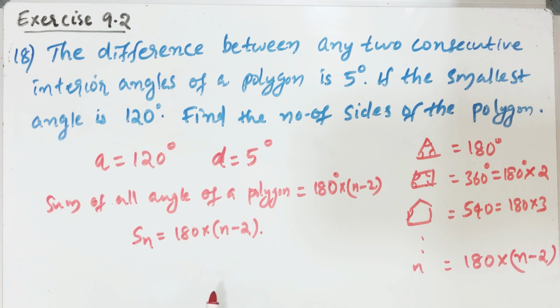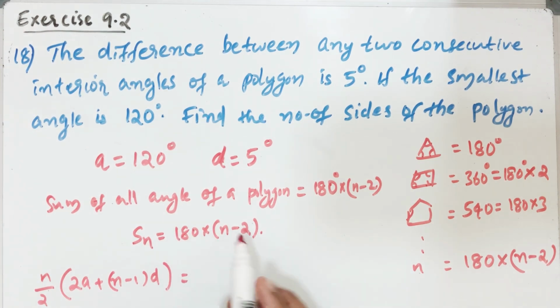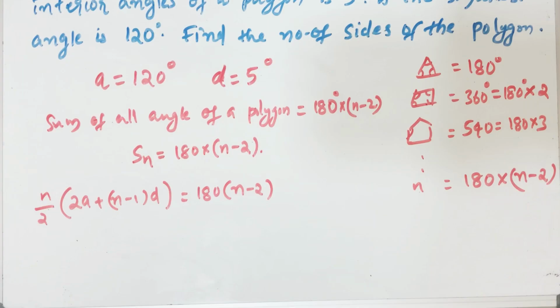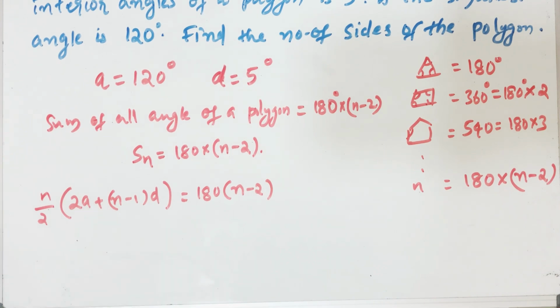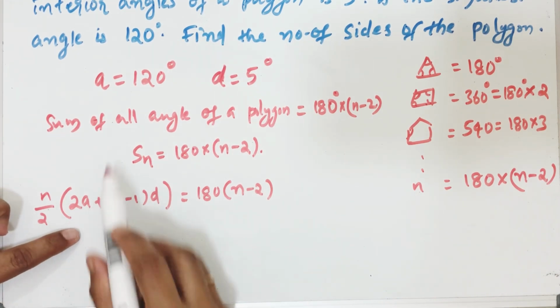Sum to n terms formula, n by 2 into 2a plus n minus 1 into d. That is, we can write n by 2 into 2a plus n minus 1 into d equal to given 180 into n minus 2. Take this 2 to this side. We can expand this. Before that, substitute a and d.